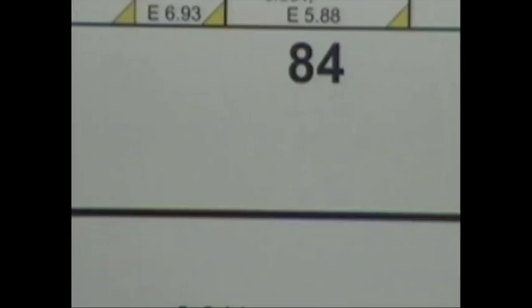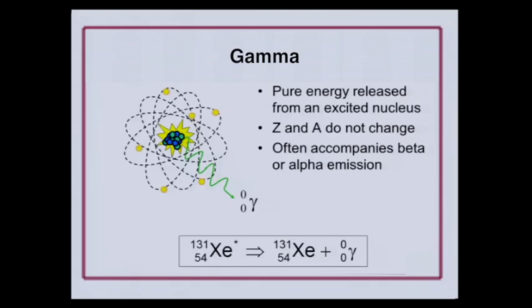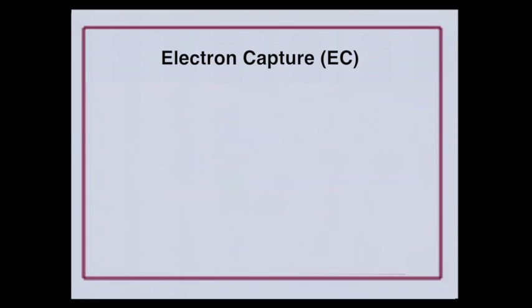Wasn't that exciting? So, that's my gamma emission. We will move on from here into the next type, and that is electron capture. Electron capture is a condition where you have an orbital electron that is actually sucked into the nucleus.